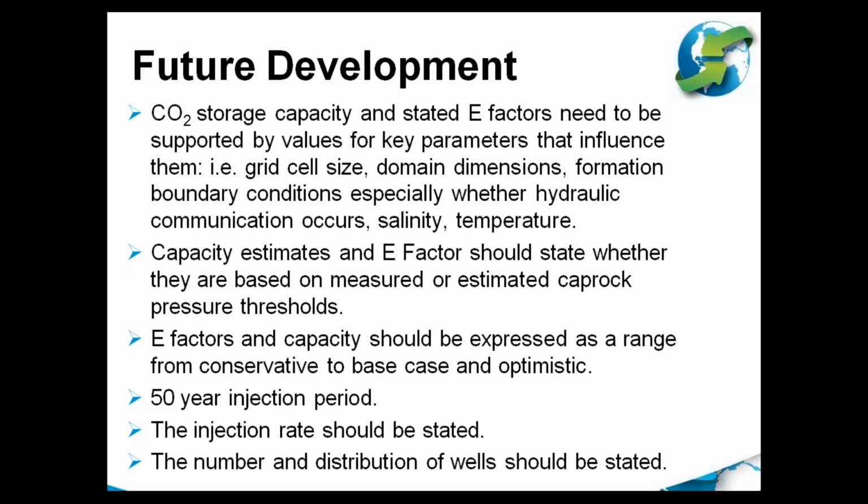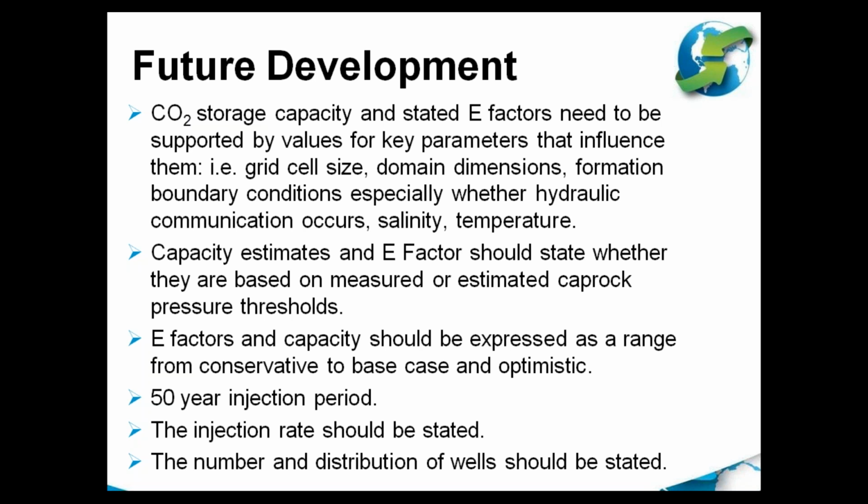Obviously, the efficiency factors need to be expressed as a range, including base case, conservative to optimistic. Really, the injection period is arbitrary, but 50 years seems to be a reasonable assumption for industrial scale operations. And indeed, the injection rate should also be stated.